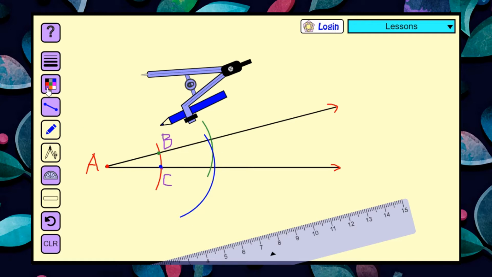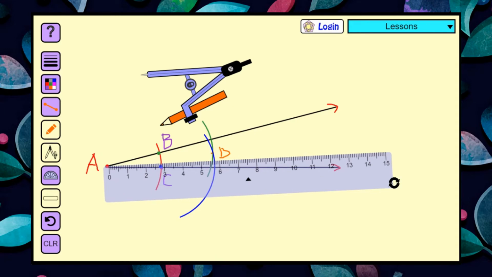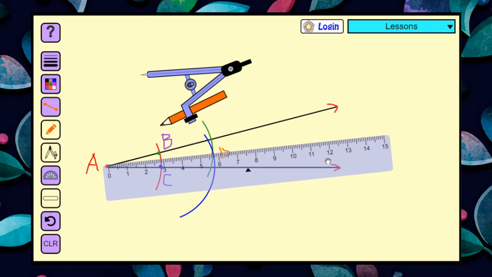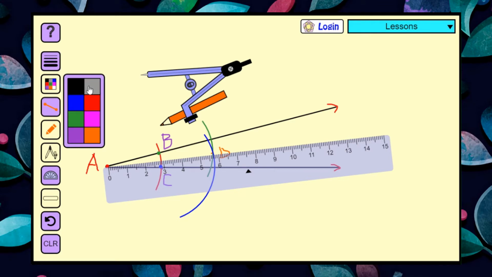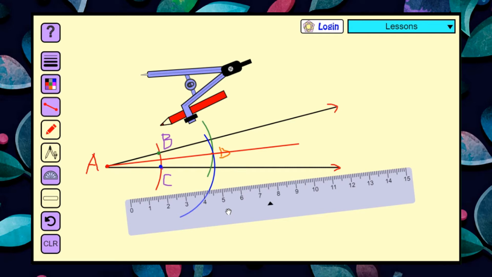At ililabel natin yan as D. Then, for the last step, we can use the ruler to draw the ray AD. Ayan.